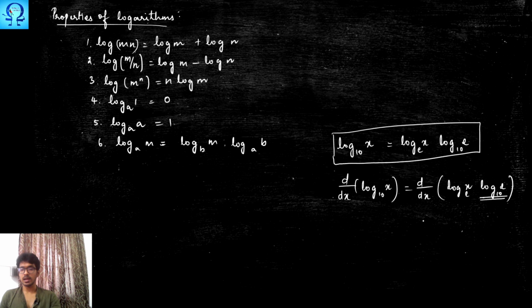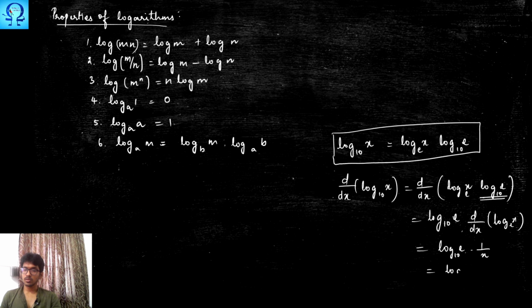Now using the scalar multiple rule, you may take this outside. So log e to the base 10, and you'll have d upon dx of log x. Now you know the differentiation of this one, that is going to be 1 upon x.